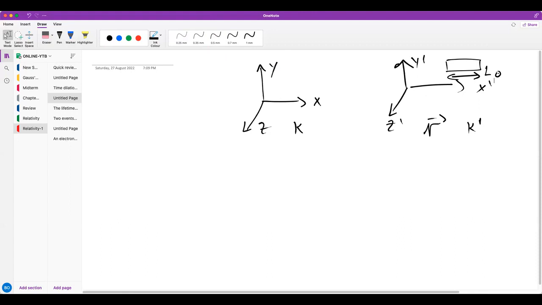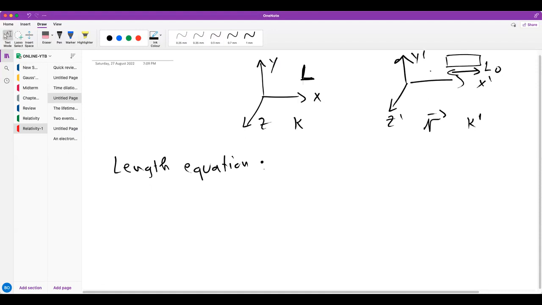Again, we will not measure the same length, and the length contraction equation relates the length measured for the same object by an observer on Earth and the length measured by an observer in the space shuttle.